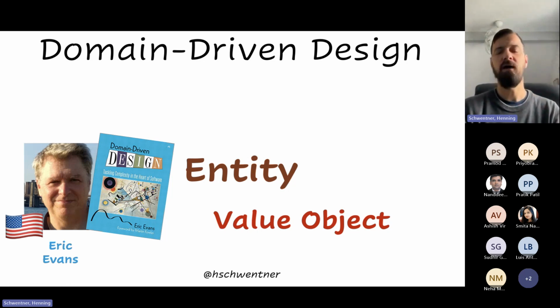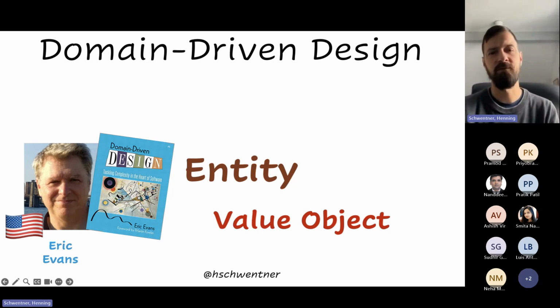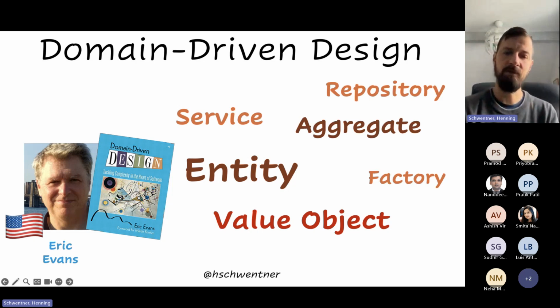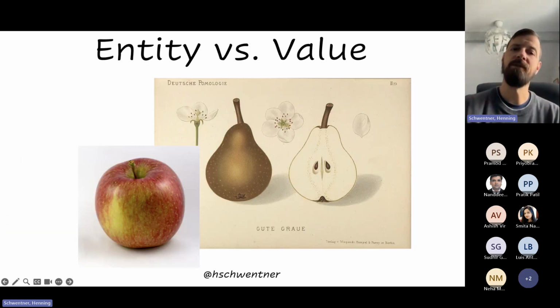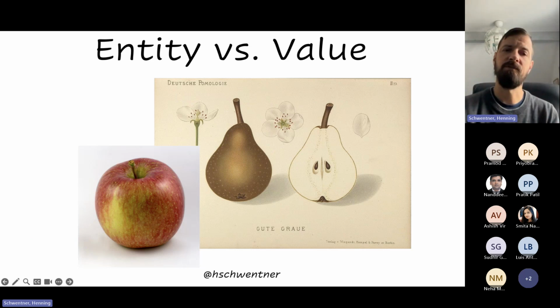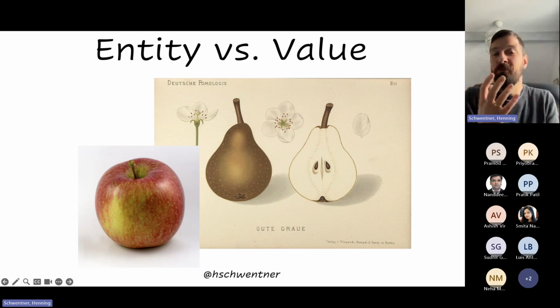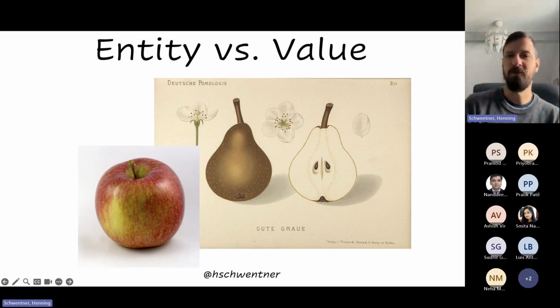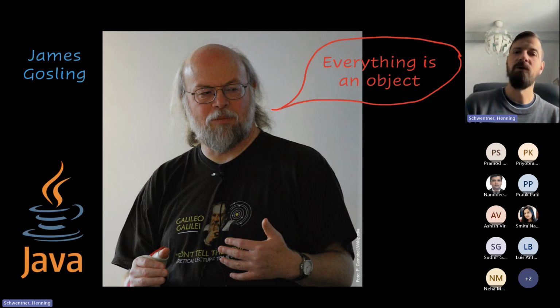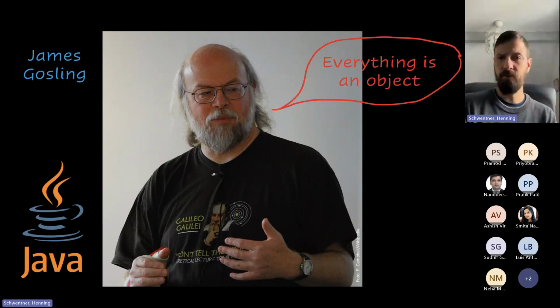So in DDD, there are other patterns as well: service, aggregate, repository, factory. They are not important for us today, but this difference between entity and value, that's important to us because they are apples and pears. They are two different kinds of fruit, two different kinds of animals. And when we look closely, we see that already in the programming language design.